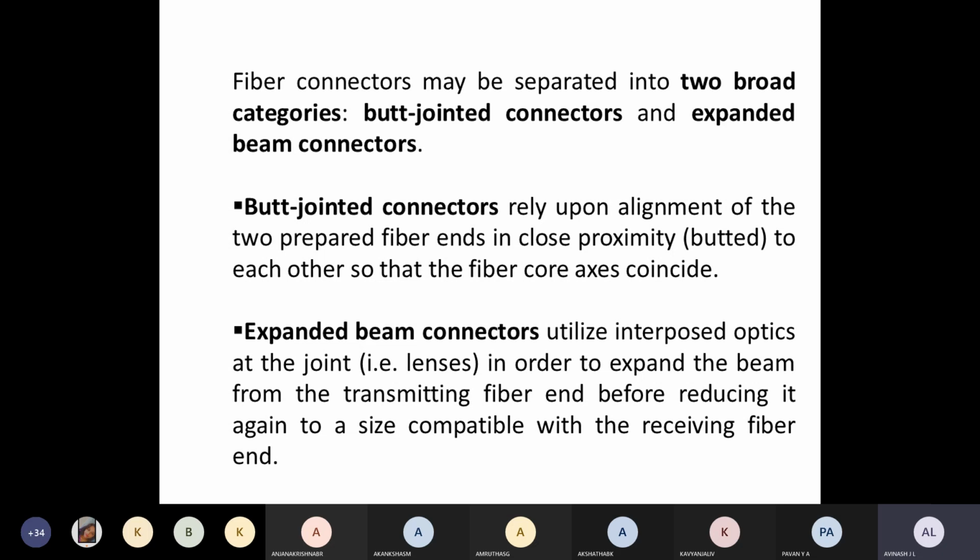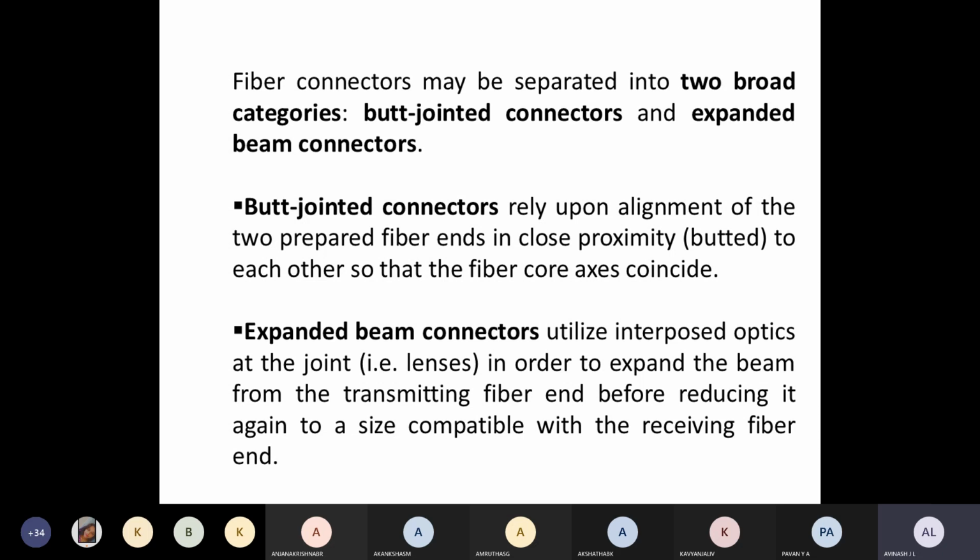This particular type of connector relies upon alignment of the two prepared fiber ends in close proximity to each other, so that the fiber core axes coincide. So two fibers are there, and those are prepared, meaning there is a provision for connecting.